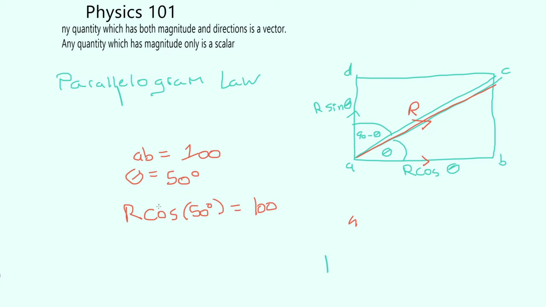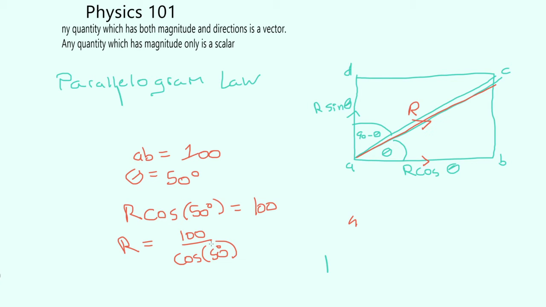So R is equal to 100 over cos 50. So you'd be dividing by that.